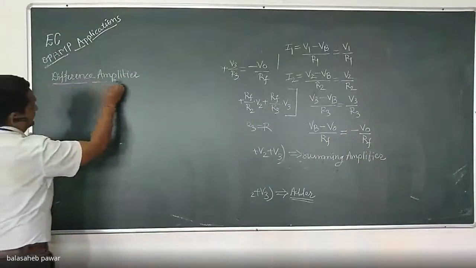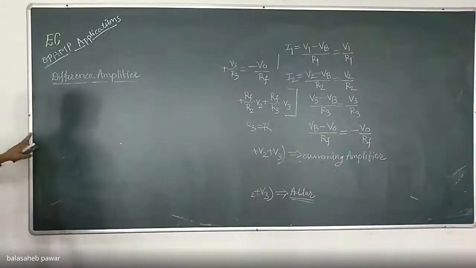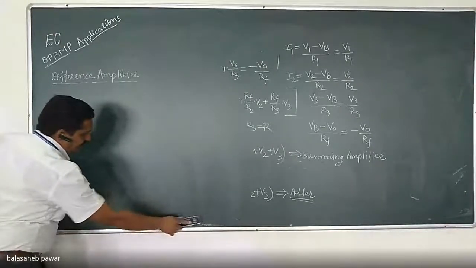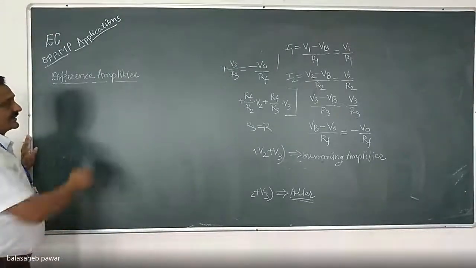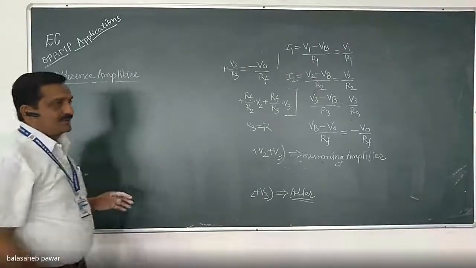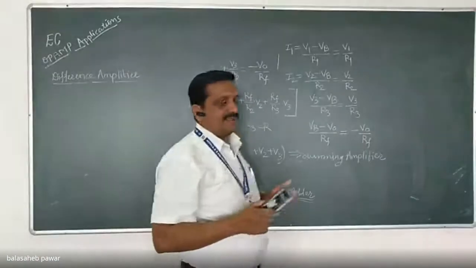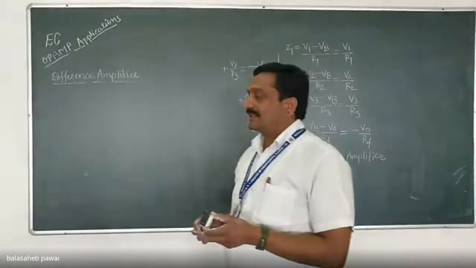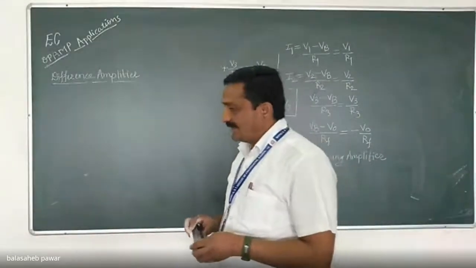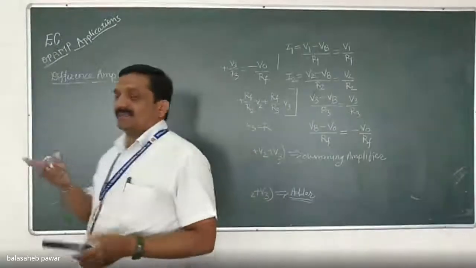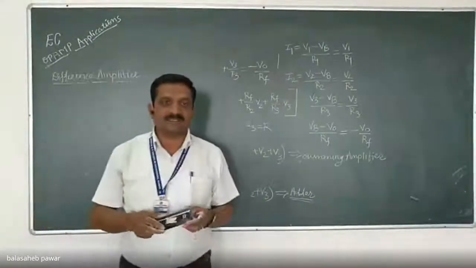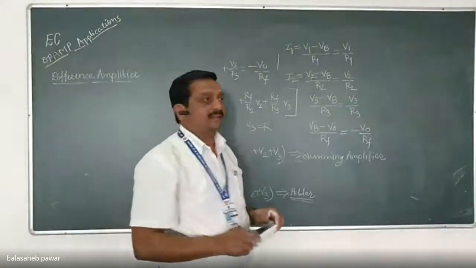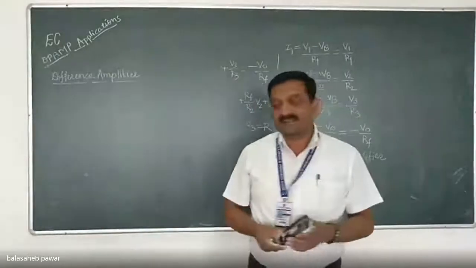So as per the title given to this next application, you might have understood that whatever circuitry I am going to draw will amplify the difference between two input signals. If it only subtracts the two inputs and provides the output without amplification, then it is called a subtractor.